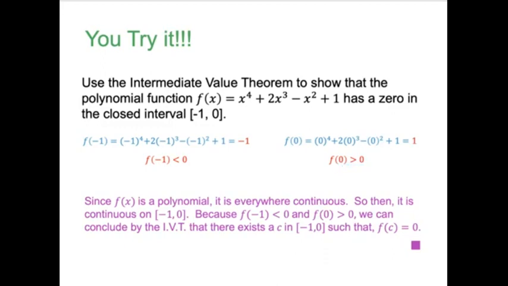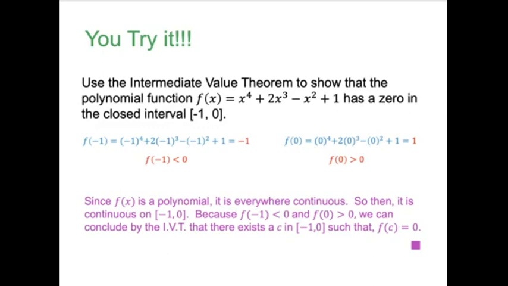So by doing that, I verified that there was a sign change between f of -1 and f of 0. I also noted that since this is a polynomial, it's continuous everywhere, including the closed interval from -1 to 0. So then I was ready to come to the conclusion that there must be a 0 in the closed interval from -1 to 0.